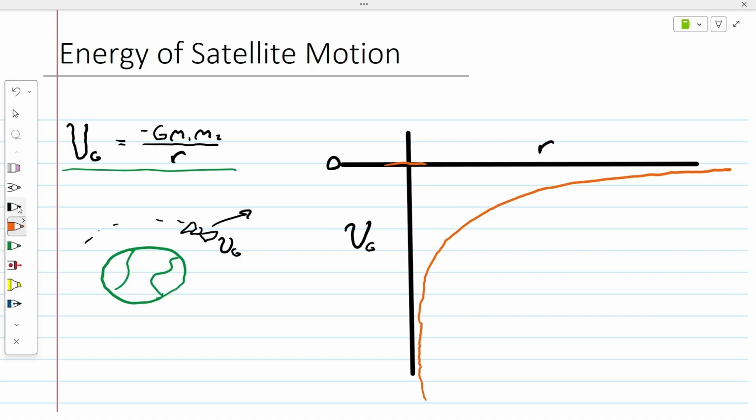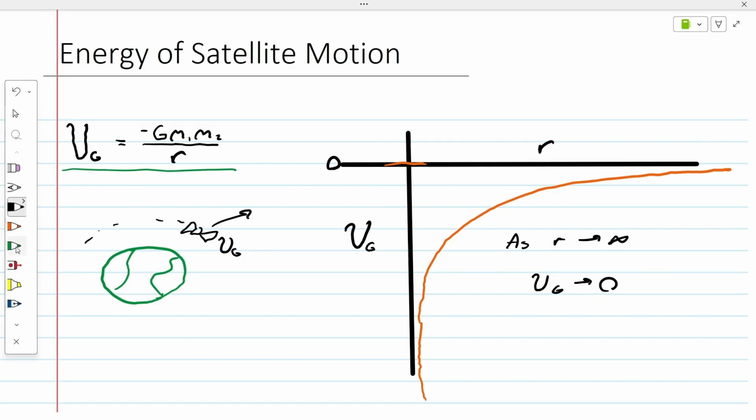Okay, so as the radius approaches infinity, let's say you had a satellite and it shot out, as it approaches infinity, this potential energy due to the gravity of that planet is going to go to zero. And that's why it's a little different and needs to be given this negative, because as it gets closer to the planet, it actually decreases the potential energy.